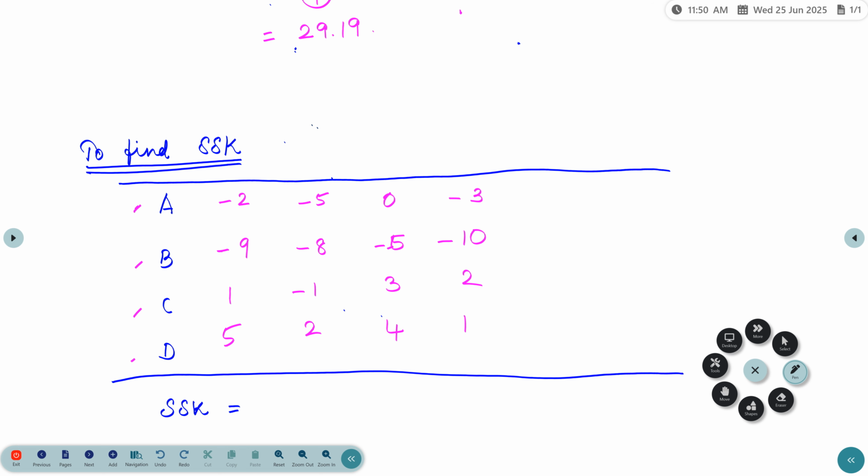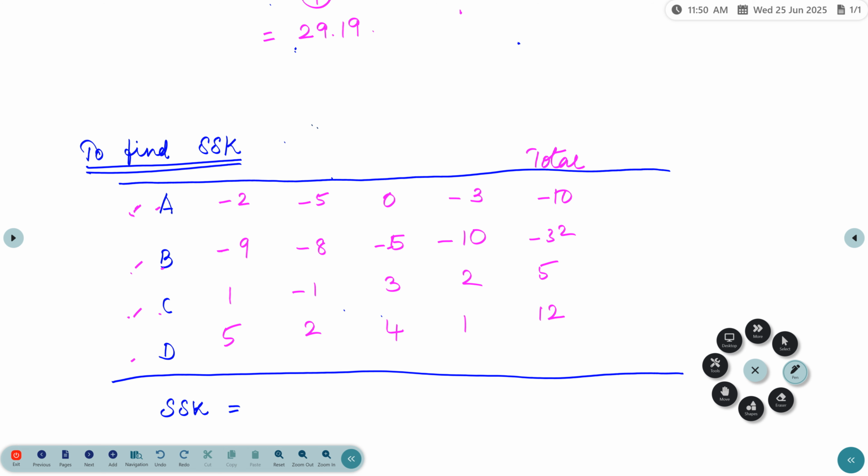Adding these values, the totals are minus 10, minus 32, 5, 12.